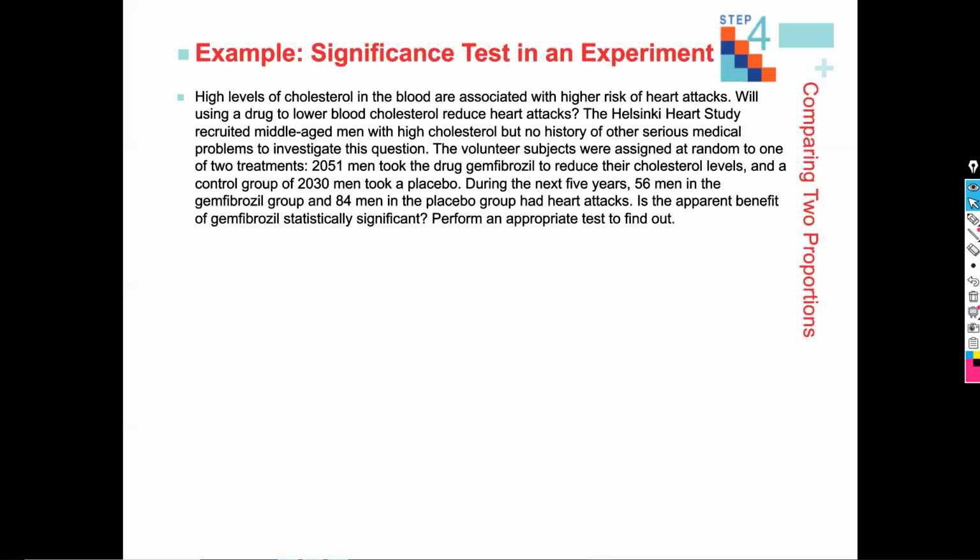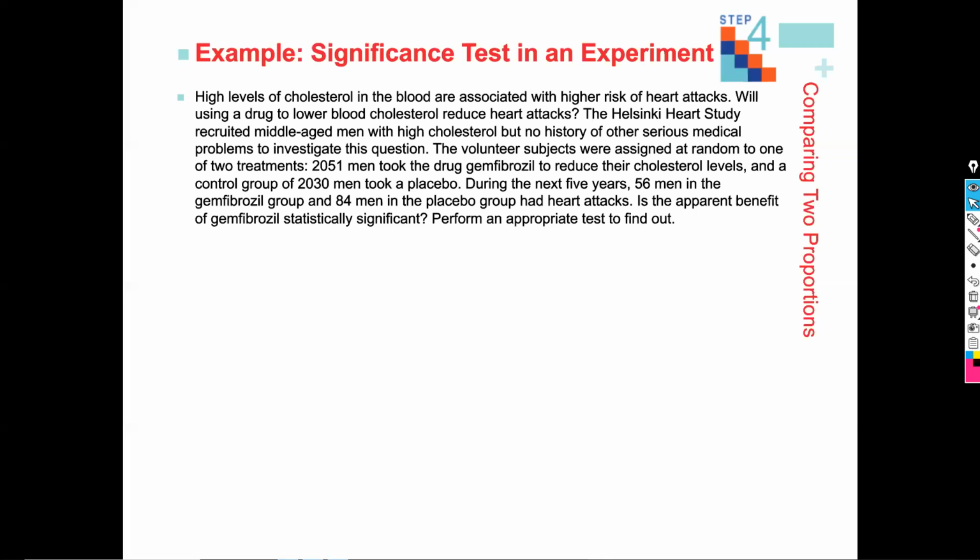So if there's supposed to be a benefit, then we are hoping for the people in the drug group to have a lower rate of heart attacks than the people in the placebo group.